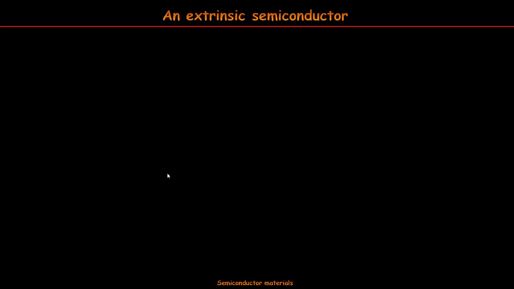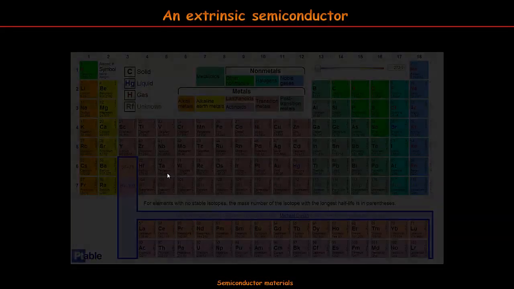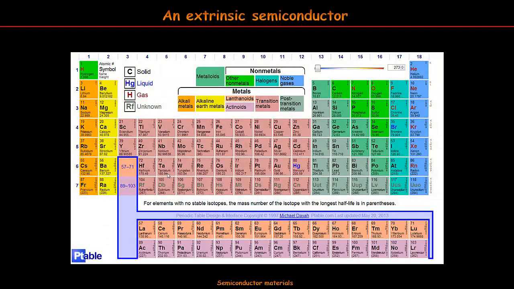Now let's take a look at an extrinsic semiconductor, one doped with a different element. First, in the periodic chart of elements, we notice that silicon is in the same column as carbon or germanium. They are semiconductors. Also, combinations between elements of columns 13 and 15, like gallium arsenide, for instance.